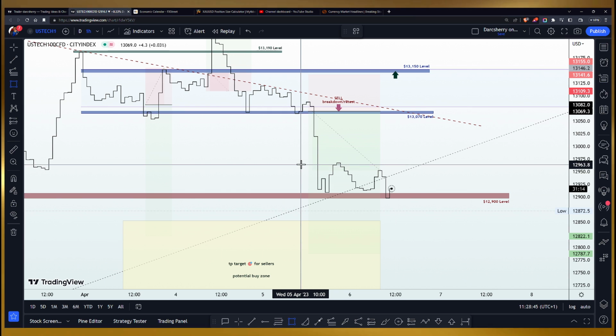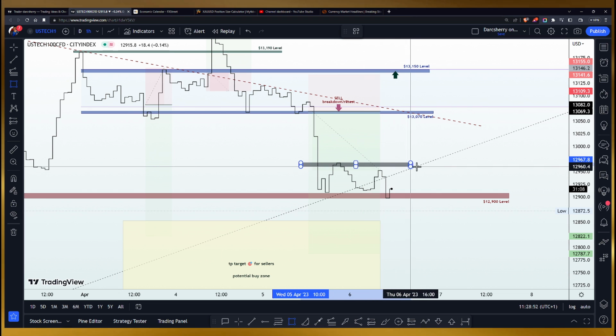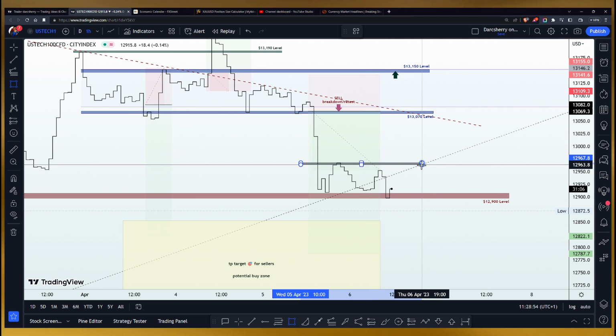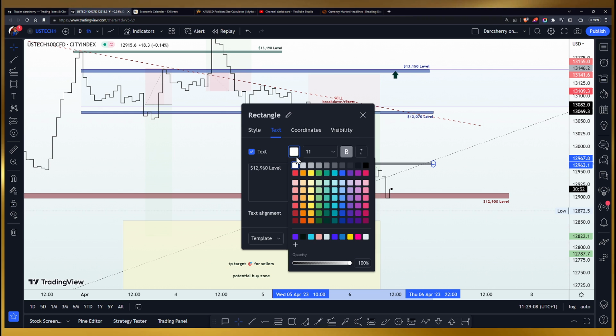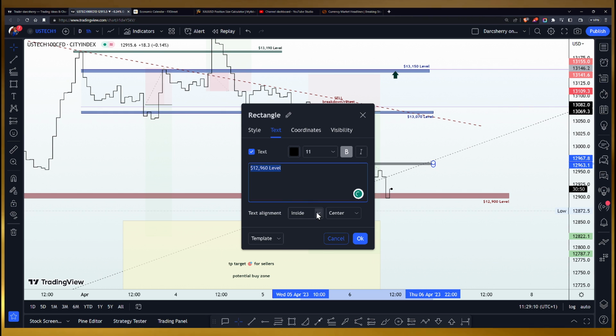Then we should also identify the resistance line of this channel, which at this point in time falls around the 12,960, I guess. So we shall be labeling this for the sake of clarity. So we have the 12,960 level, as you can see here. So I place it at the top right hand side of our screen so that we can see it clearly.